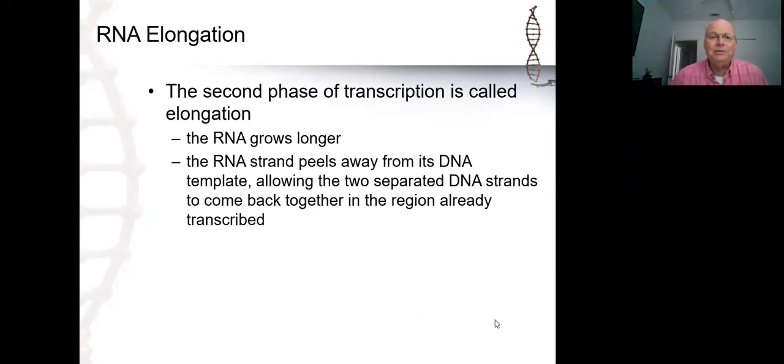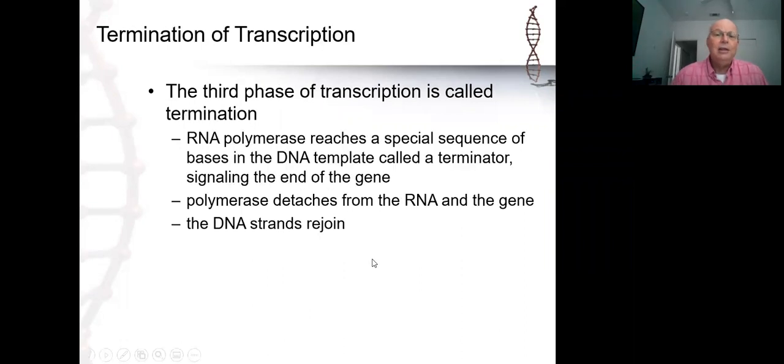Eventually, it comes to a sequence of nucleotides at the downstream end of the gene. They're actually outside the downstream end of the gene or the 5' end of the gene. And that sequence of nucleotides tells the RNA polymerase to stop.